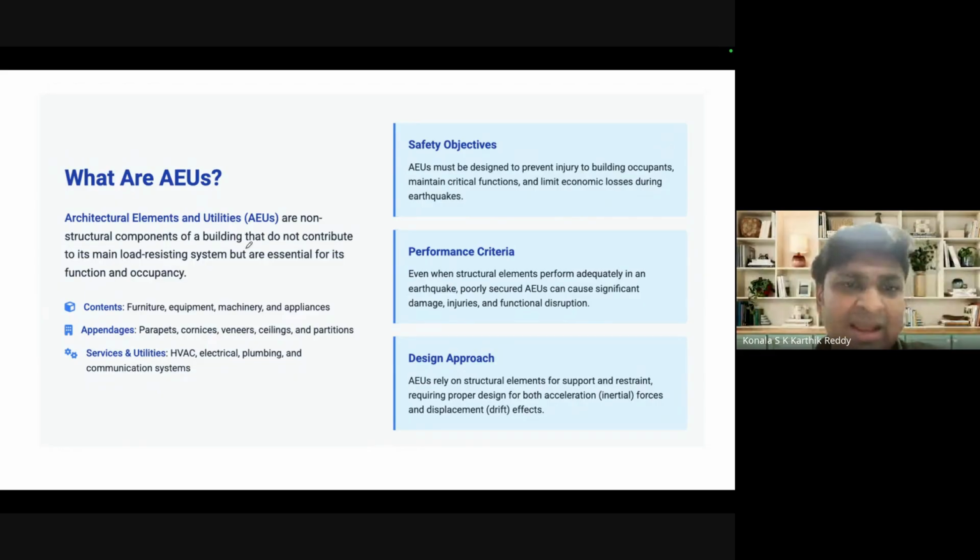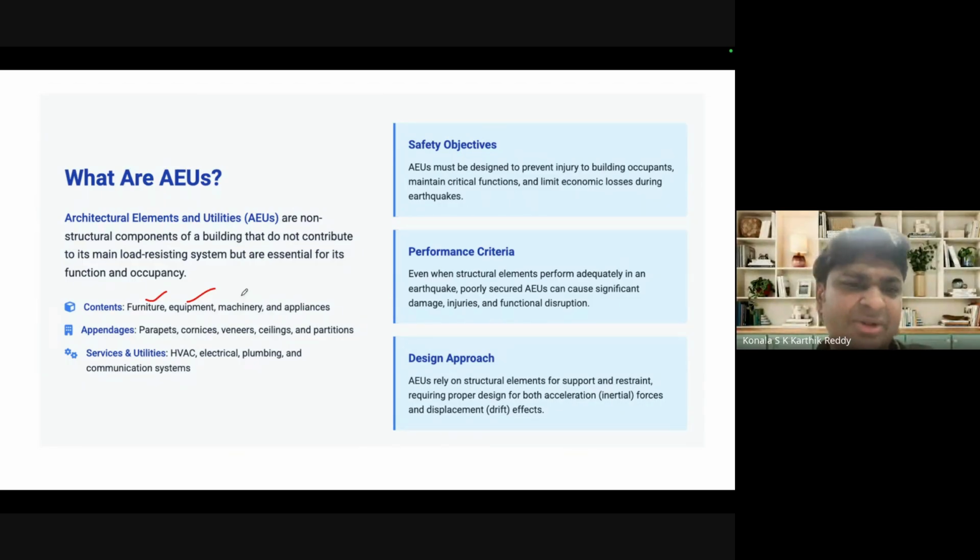See, what comes under these architectural elements and utilities? You can see over here your furniture, that also comes under utilities, your equipment, any machinery you have inside your home, like your air conditioners, your fridges, your washing machines, your book rack, even your cupboards which are not integrated into the wall. All these can be treated as utilities.